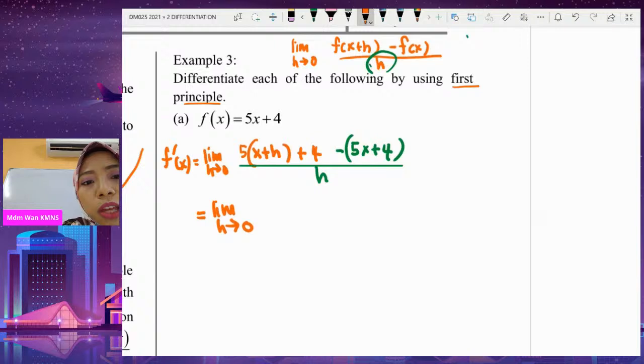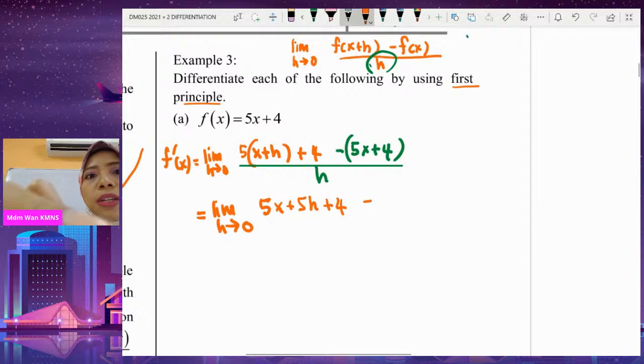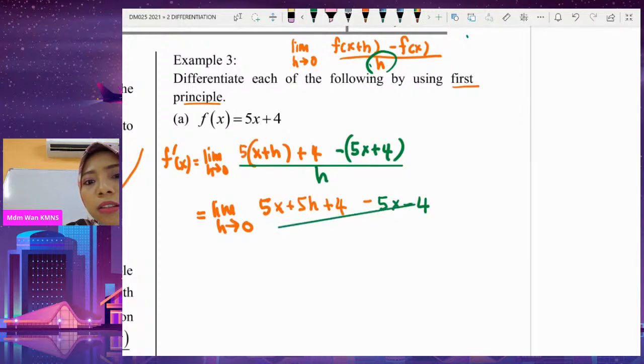So we're going to expand 5x plus 5h plus 4 minus, apa ni yang? Minus 5x minus 4 over h.